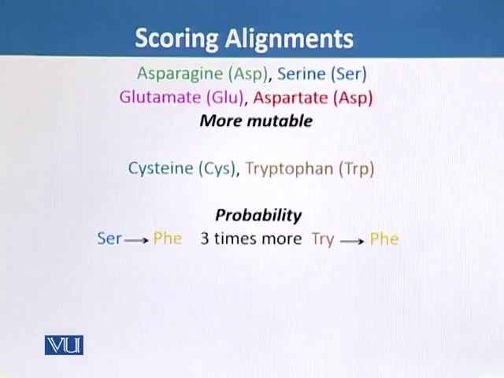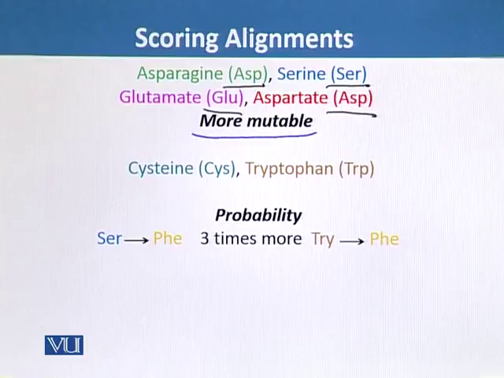For example, asparagine, serine, glutamate, and aspartate are more mutable, and in the process of molecular evolution these amino acids are replaced by other amino acids. They have more tendency to be mutated.